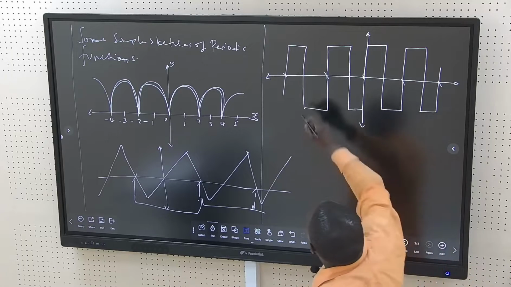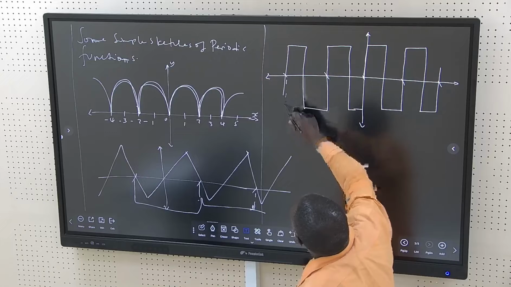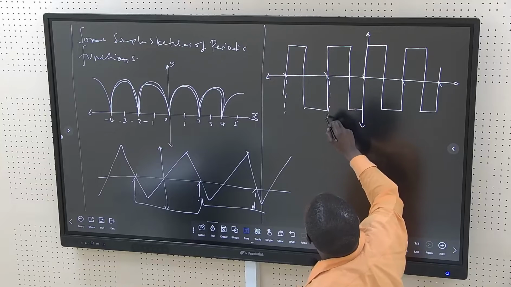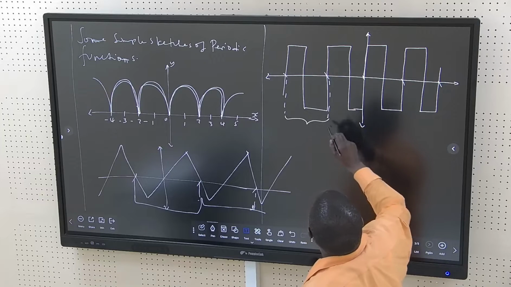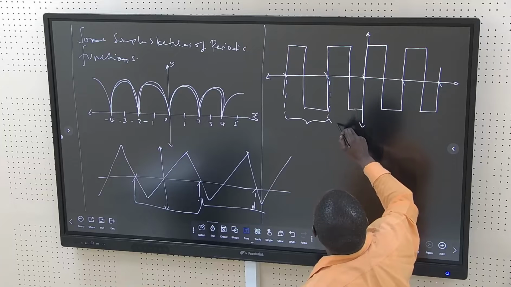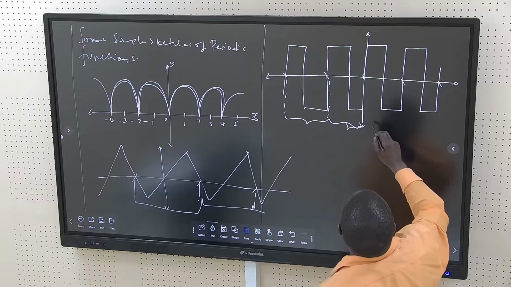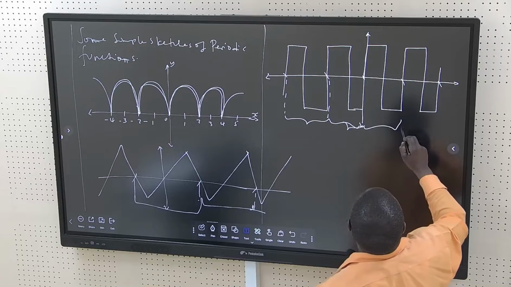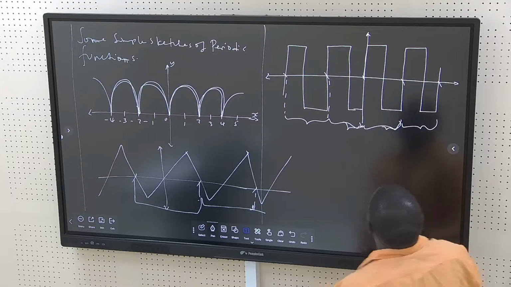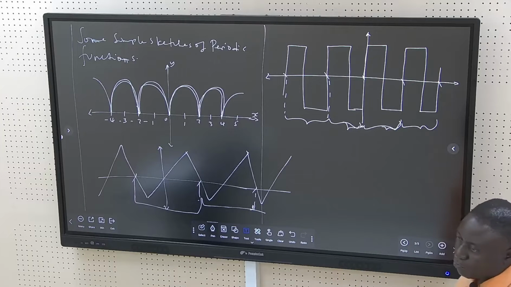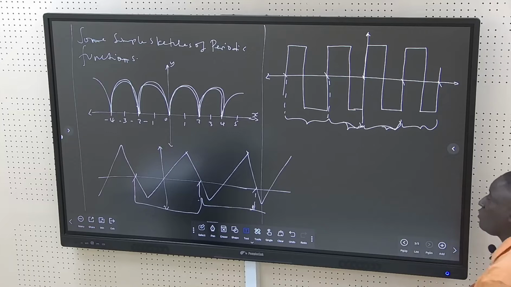From this point up to this point, it has completed one cycle, and from this point up to this point, one cycle. From this point, one cycle here. So from this point up to this point, one cycle. So this is just one example of a periodic function. We can have several examples of periodic functions.